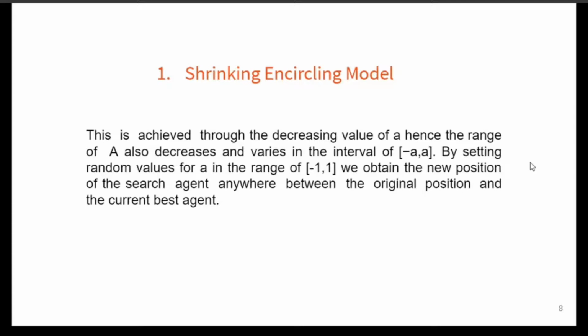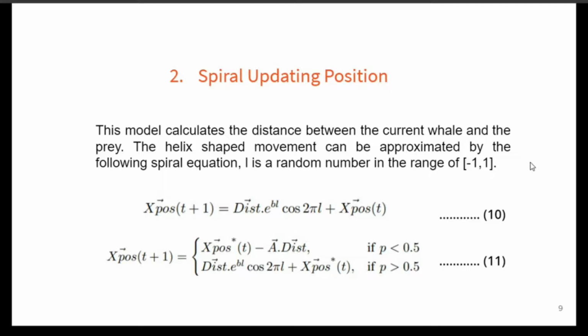The first of which is the shrinking encircling model, where we vary the factor capital A within set bounds of the parameter small a. The second method is the spiral updating position model, which simulates the helical pattern.